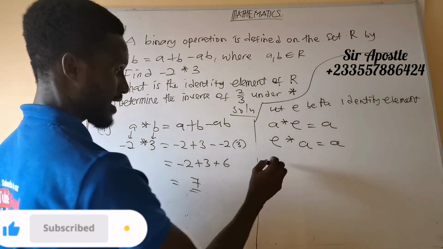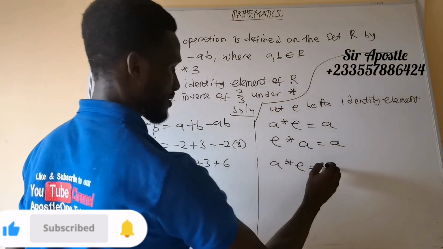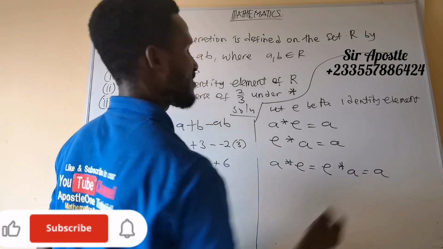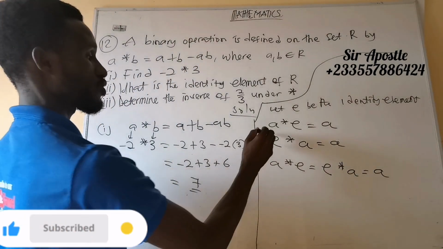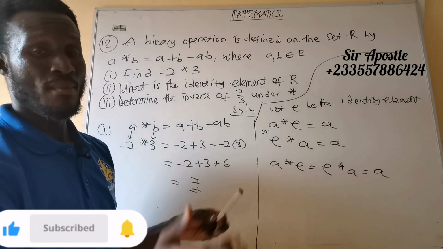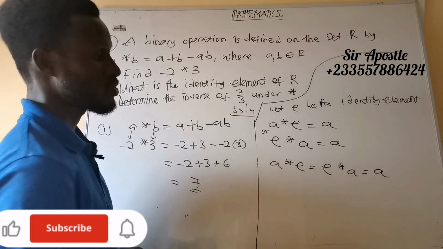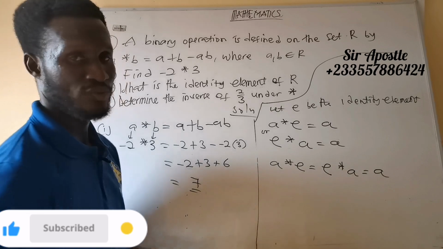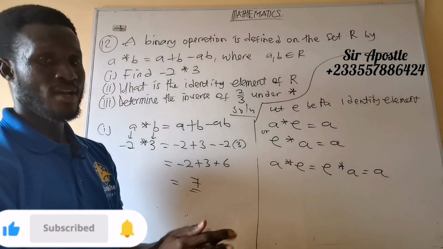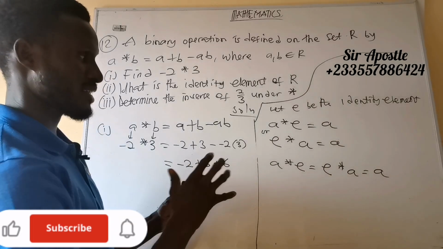So A operation identity element is the same as identity element operation A. So identity element is commutative, and I'm going to use either one to find a number for the identity element. The identity element for a set of numbers is only one number; it is fixed.